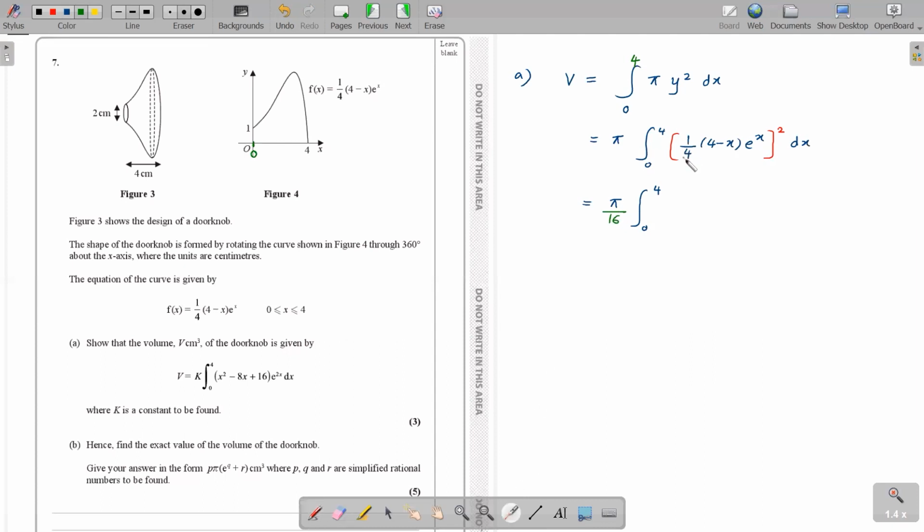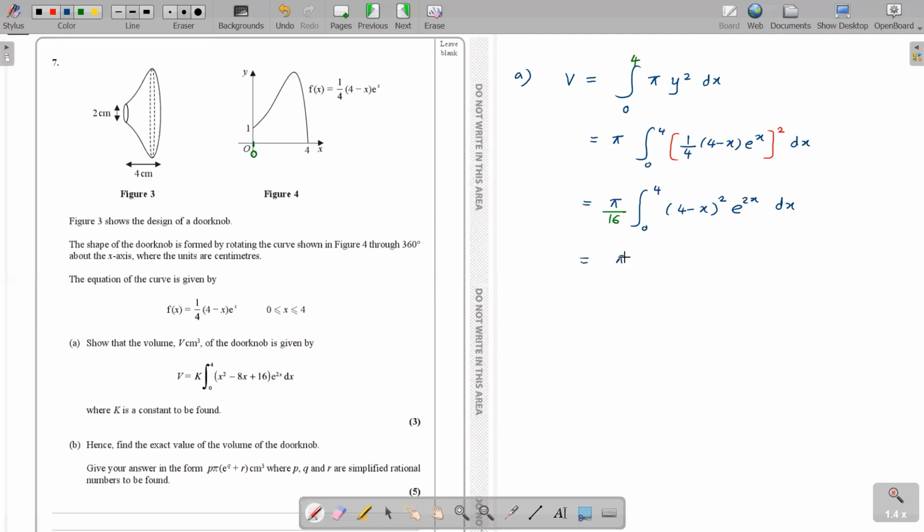The next one is 4 minus x, which becomes 4 minus x squared. e to the x also gets squared, the powers multiply, and you get e to the 2x with respect to x. Then we need to open the bracket and leave the e to the 2x out. We just need to open the 4 minus x, and then we immediately get the show that, right?